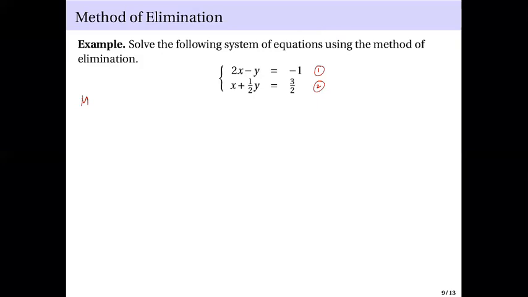So what we can do is to multiply. So again, in here you have 2x, and then here you have x. So what we can do is to multiply second equation by 2, so that I will have 2x here and then 2x also for this equation. Multiply 2 to equation 2.